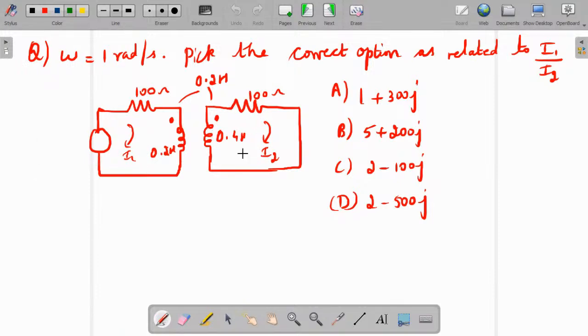So first here 100 I2 plus j times 0.4 into I2 minus j 0.2 into I1 equal to 0. Yes, this is 0.4 and this is 0.2.